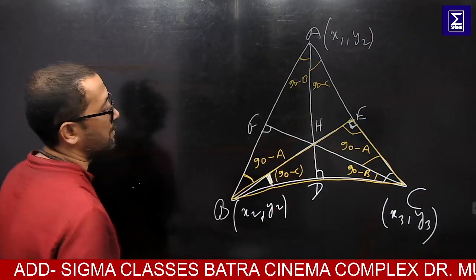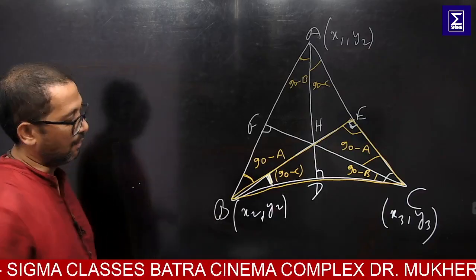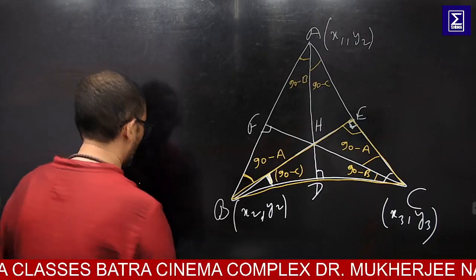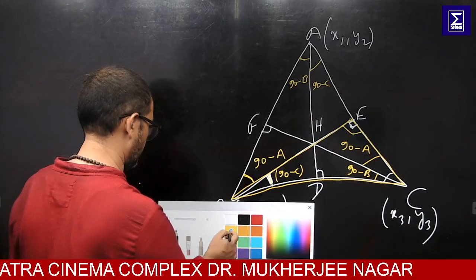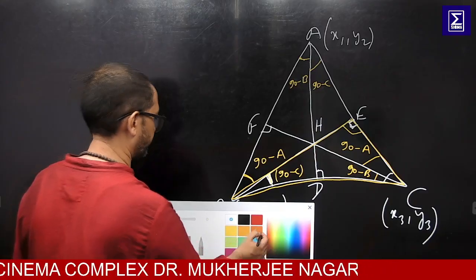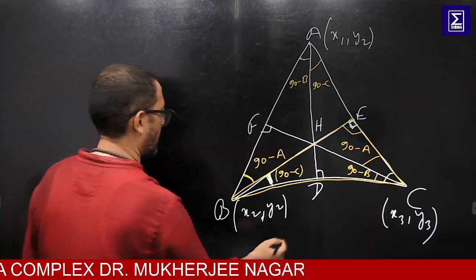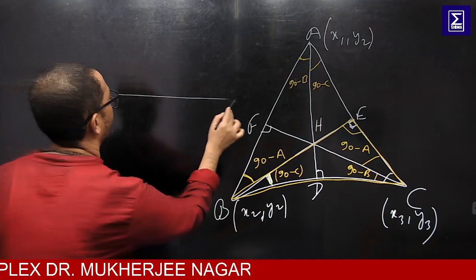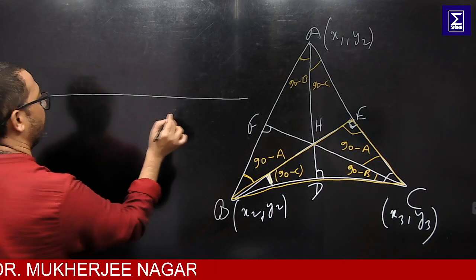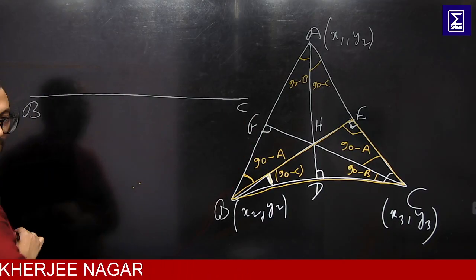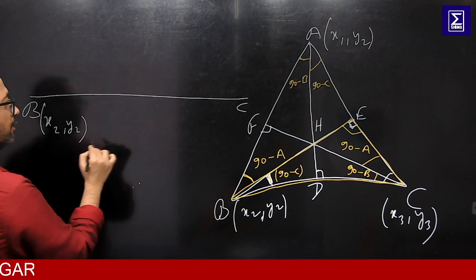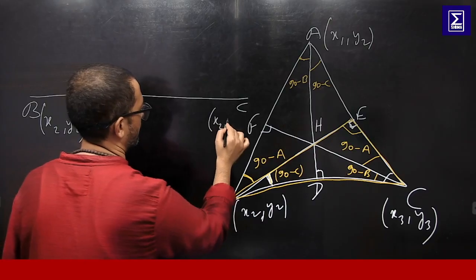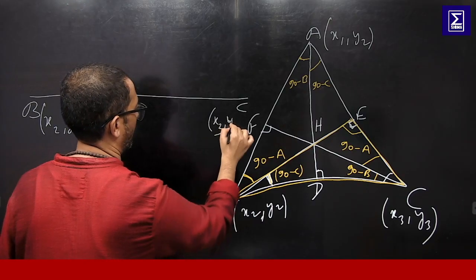Okay. Same logic we will apply here. What is the logic? Two points are given and the line segment BC is given here. This is B and this is C. The coordinate of B is given as x2, y2 and the coordinate of C is x3, y3.